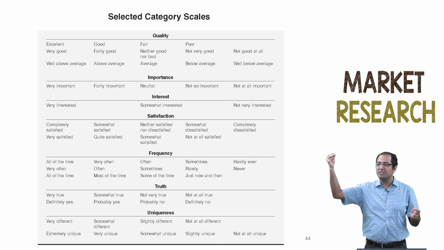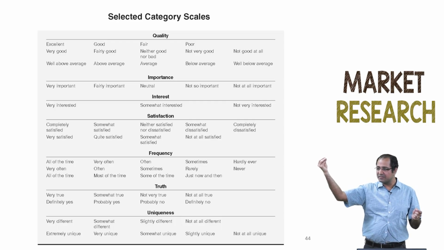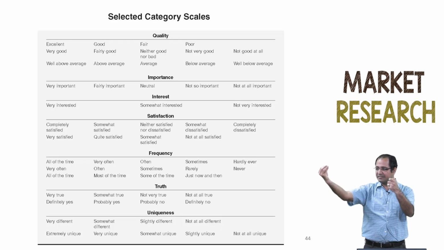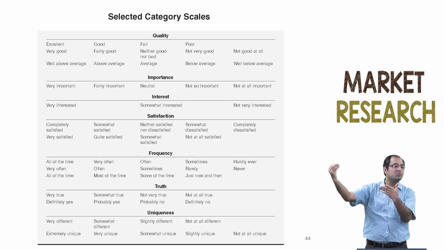I yawn frequently in the class, market research class: strongly agree. I am not able to concentrate on what is happening in the class: strongly disagree. The third one is, I do not ask questions in the class: strongly disagree. That is also a sign of boredom when you do not participate, right?